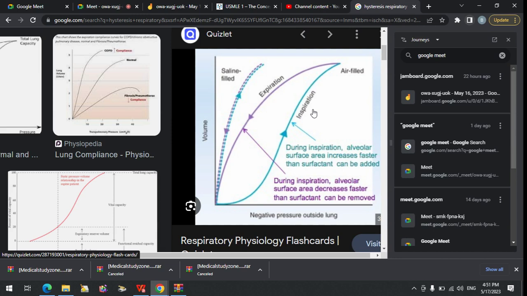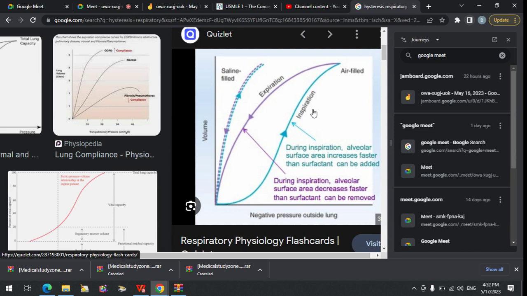Surface tension is equal to collapsing pressure, so radius will also be inversely proportional to surface tension. Even from the formula, it is 1 over radius.